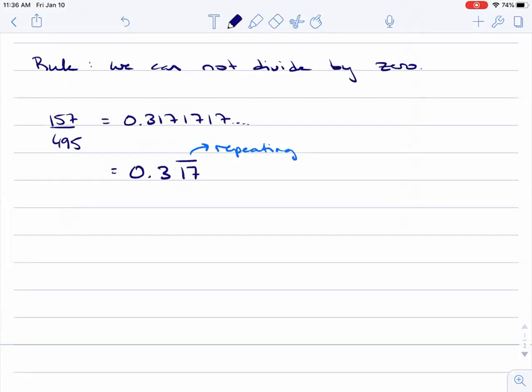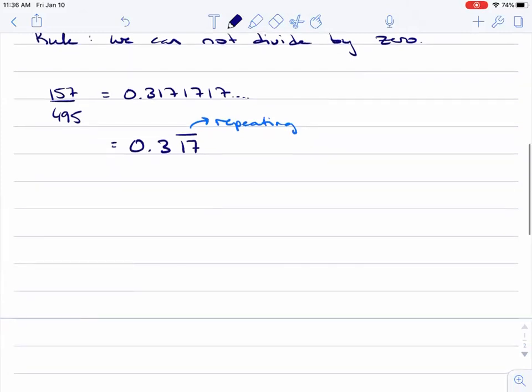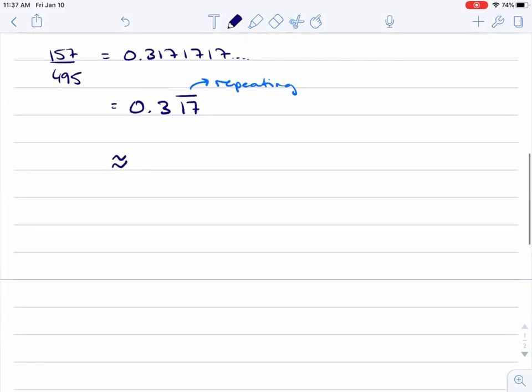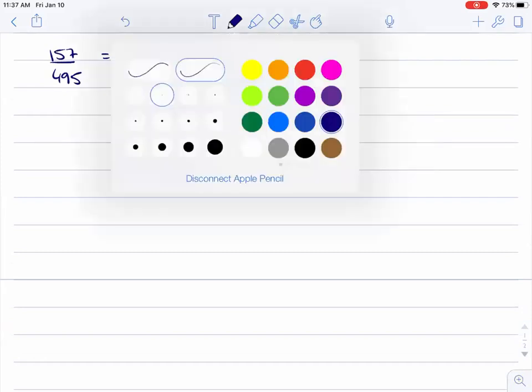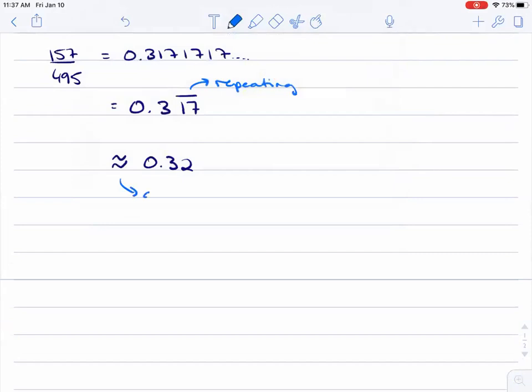So it's important to differentiate between the actual number and an approximation. And so what we do is we use this squiggly equal sign, to say it's approximately equal to 0.32.